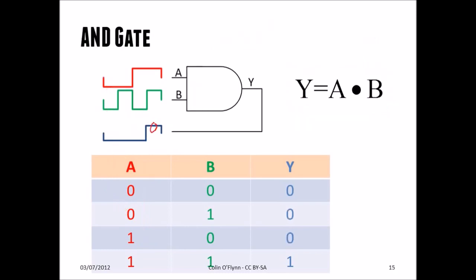The only state where the output is 1, I should say, is this final entry here. So the output's 1 only when both inputs are 1. Using Boolean algebra, we have the output y is A and B, and y is true only if A and B are both true. So that's another of the basic gates.